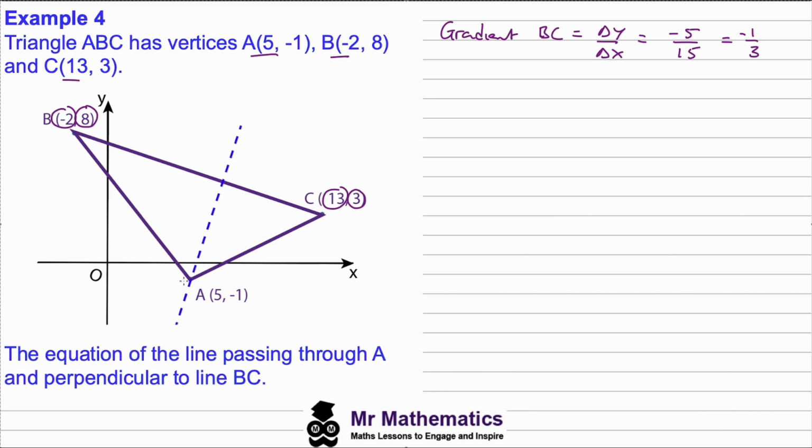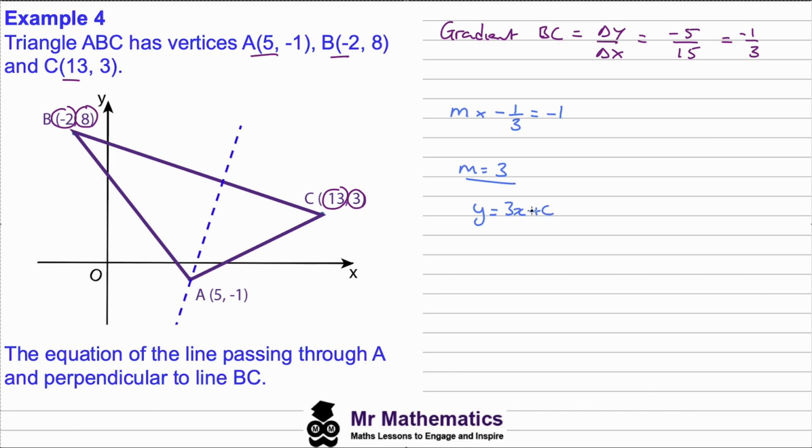Then we know that the gradient of the blue line, let's call this m, when multiplied by the gradient of BC, will give us -1. So m must be equal to +3. So we'll have y will equal 3x plus the intercept.